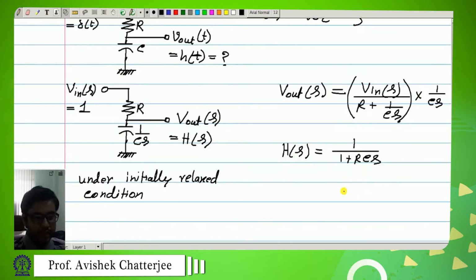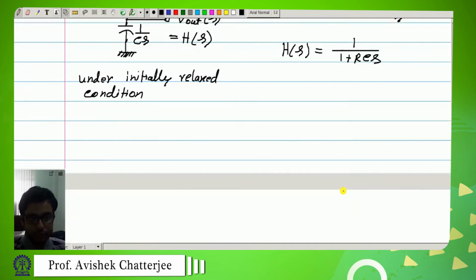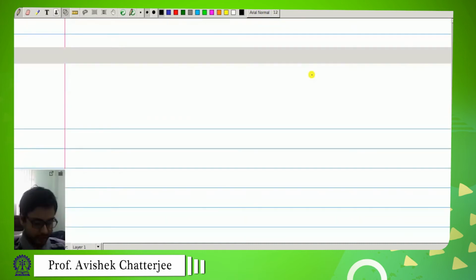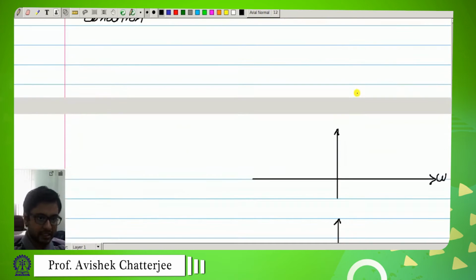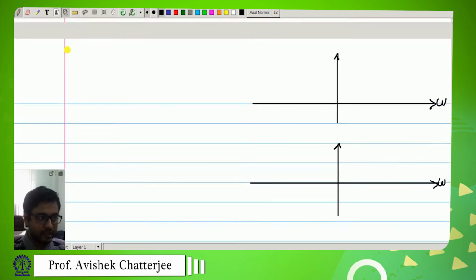Now we will try to plot the frequency response of this transfer function. Okay, so H s is 1 by 1 plus RCs.